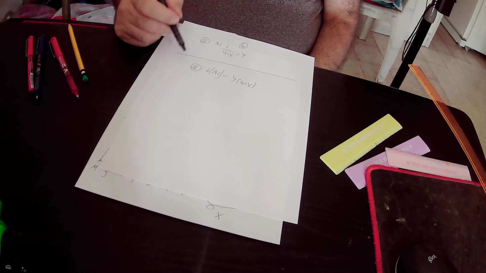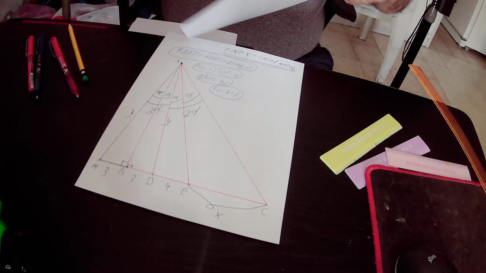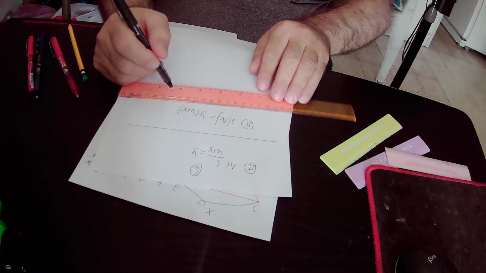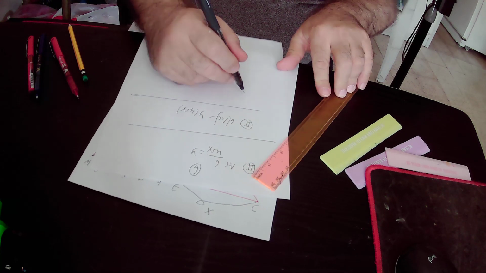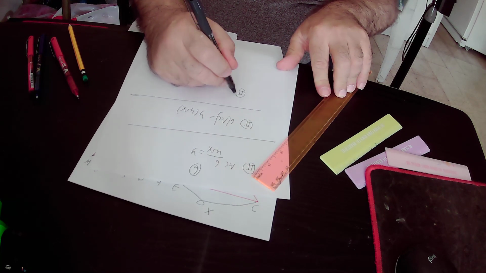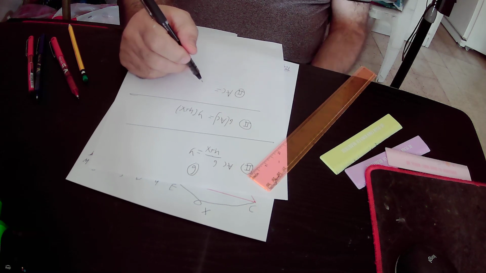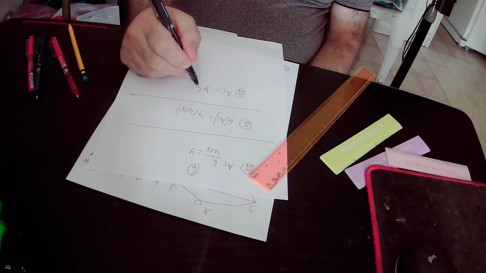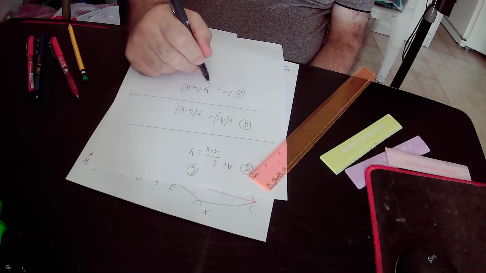We will divide equation number 2 by 6 in order to get the value of AC, and we get that AC equals Y times 4 plus X over 6.